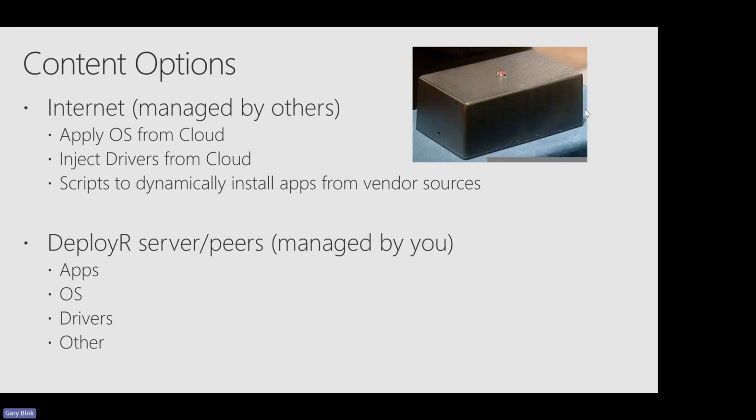But built in, we have the Apply OS from Cloud step, and that will reach out to the Microsoft CDN and, based upon the drop-down boxes for which Windows 11 build you want, 24H2, 25H2, the different languages.